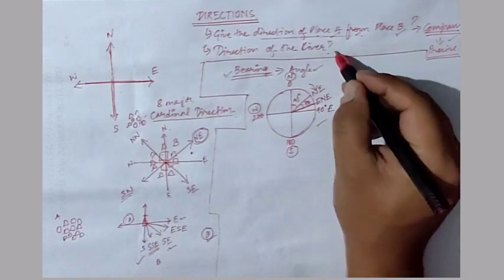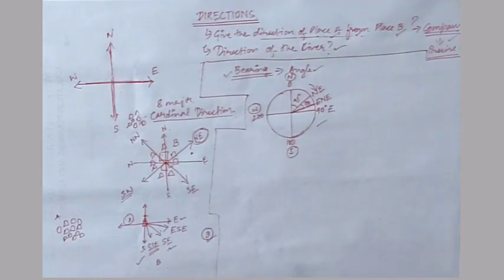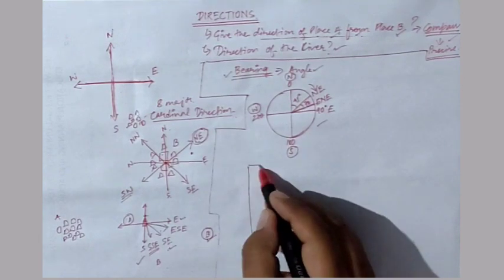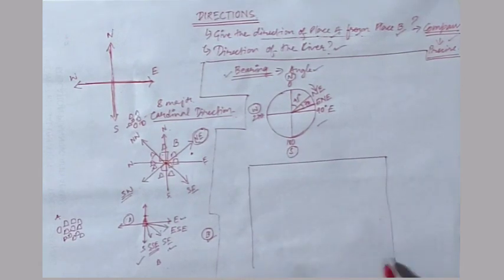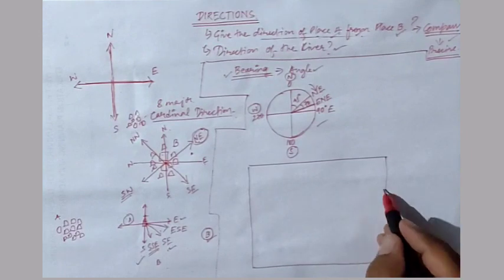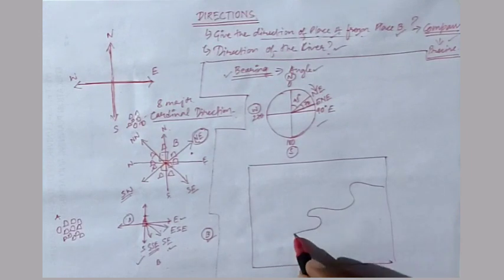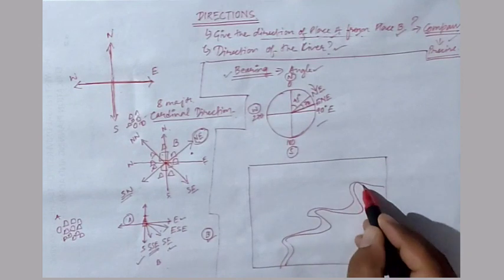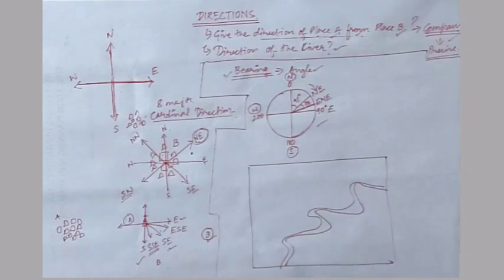Now, as I was talking about the direction of the river also, here a trick is there. Supposing this is the map, and a river is flowing this way. The river present over here is flowing in this way.